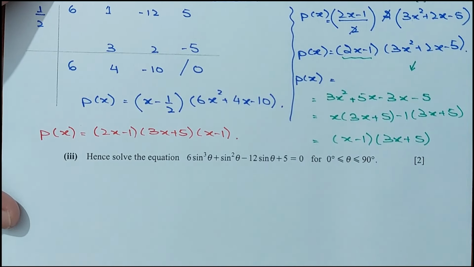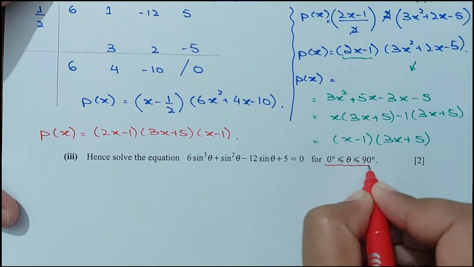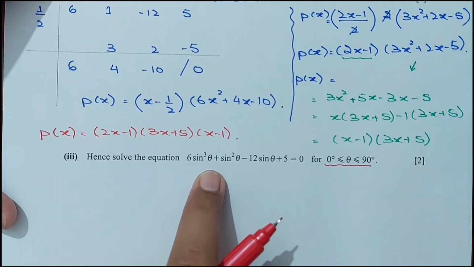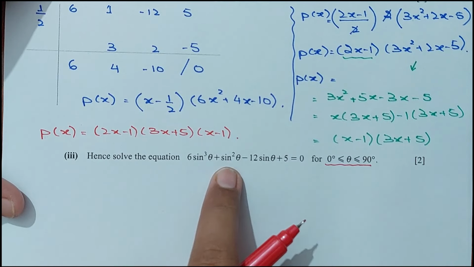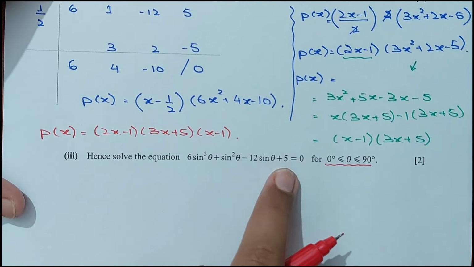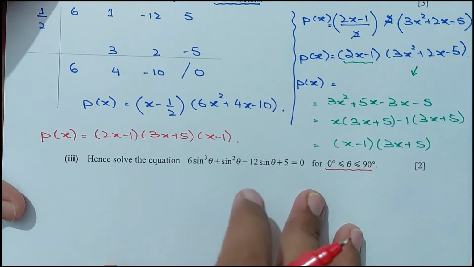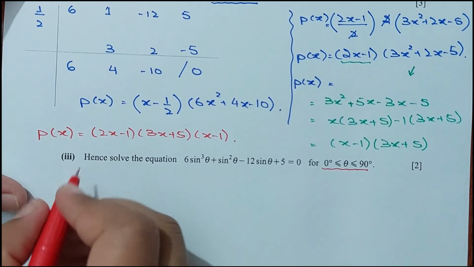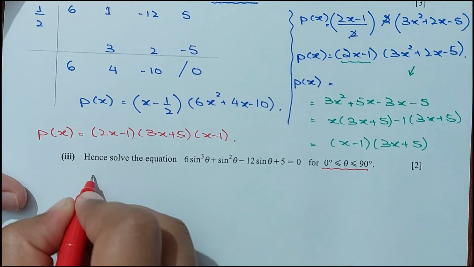Now for the third part: hence solve the equation for theta between 0 degrees and 90 degrees. This equation is 6 sine cube theta plus sine square theta minus 12 sine theta plus 5 equals 0. This is the same polynomial, where x is now replaced with sine theta.